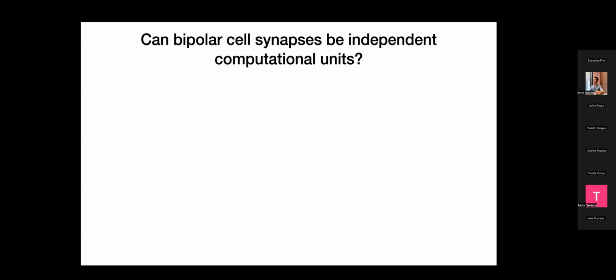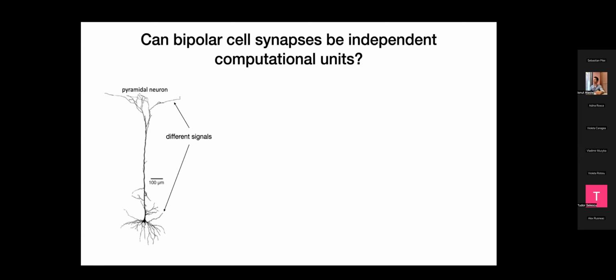So first, a little bit about the bipolar cells. Can the bipolar cell synapses actually be independent computational units? Now let's think about the size of a neuron for a moment. The idea that different pieces of a huge cortical pyramidal neuron could actually be different units isn't that controversial because they're huge.